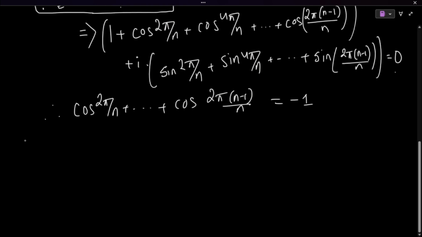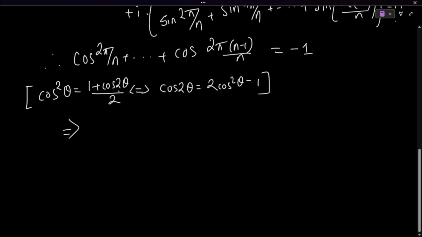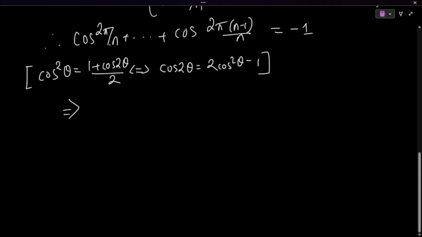Now you apply the trigonometric formula, which is cos square theta equals (1 plus cos 2 theta) by 2, or equivalently you could say that cos 2 theta equals 2 cos square theta minus 1. Apply this, and all of these terms, cos 2 pi by n, can be written as cos 2 theta.